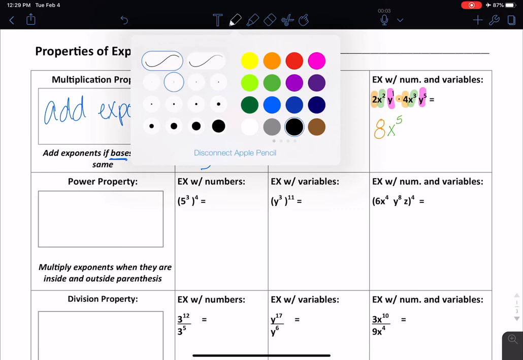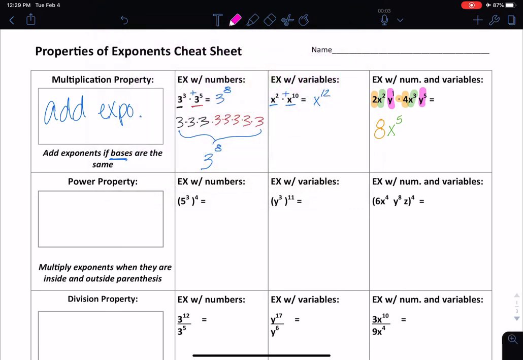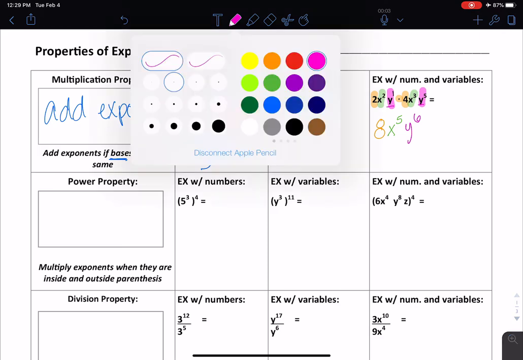Okay, so I have 1 y here and 5 here, so I have y to the 6th power. So that is my total answer. If you take each part at a time, we do our coefficients, then we do our x's and our y's. The problem isn't as scary as it looks. Okay, so that is our multiplication property for exponents only.